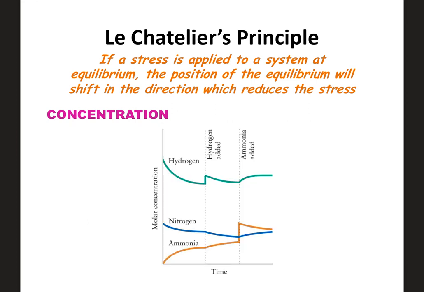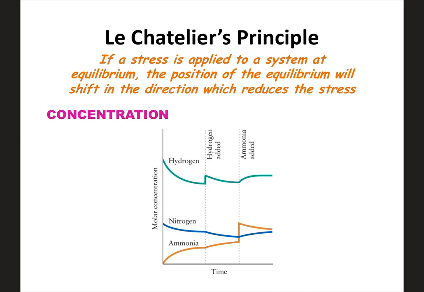In this picture, we're looking at the exact same reaction that we were looking at before, N2 plus the H2 forming the NH3. So in this case, we have our concentrations here remaining steady for a period of time. So we have our equilibrium established. At this point right here, we're adding hydrogen.